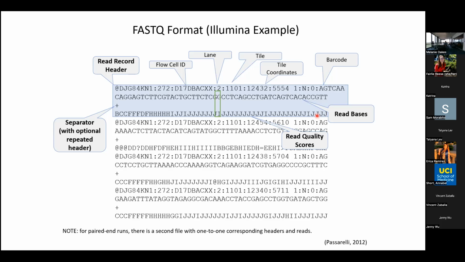But for the P5 and the read in, it repeats the bridge amplification and regenerates that template strand. So now it's in the opposite orientation, and then it binds the primer for the I5 index.